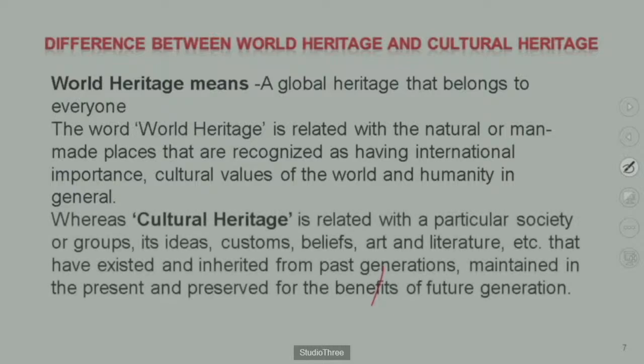Whereas the cultural heritage is related with a particular society or groups, its ideas, customs, beliefs, art and literature, etc. that have existence and inherited from past generations, maintained in the present and preserved for the benefits of future generations.